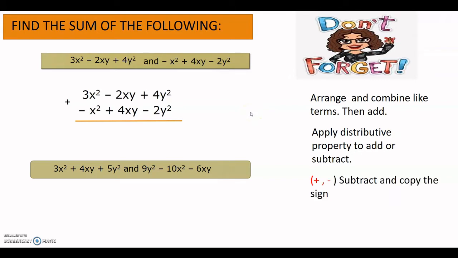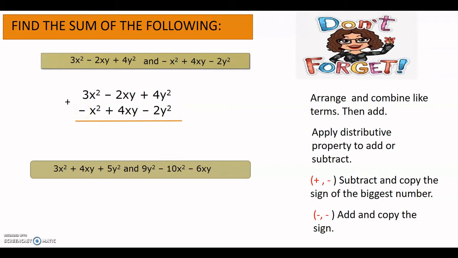Unlike signs, subtract and copy the sign of the biggest number. Like signs, add and copy the sign. Since here we have positive 3x squared plus negative x squared, we will multiply the sign of negative x squared to the addition, to positive.